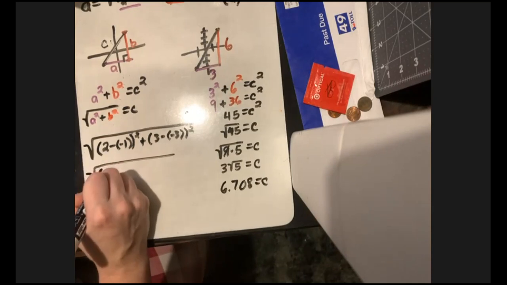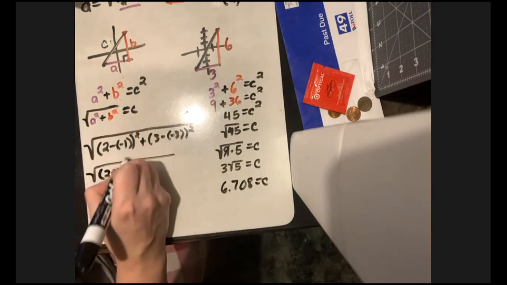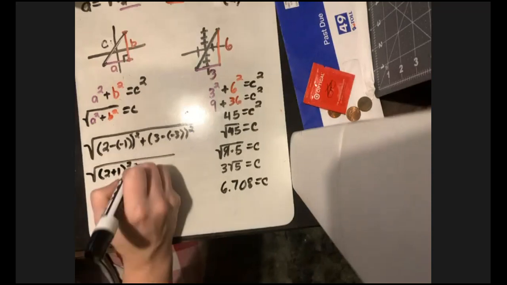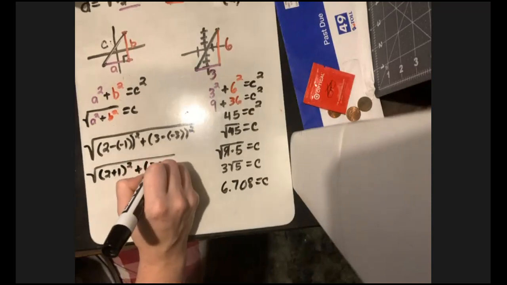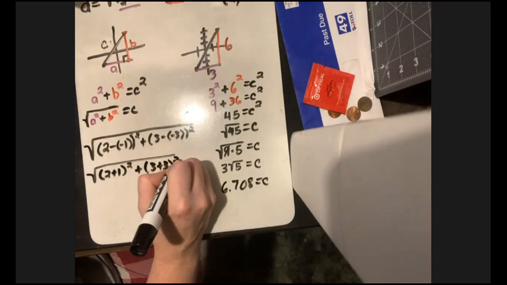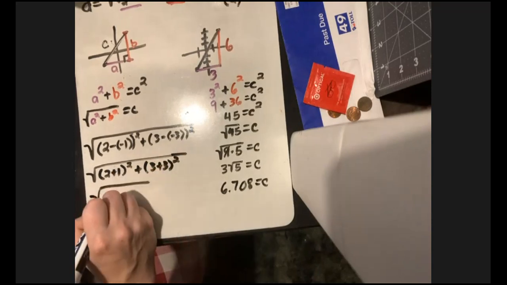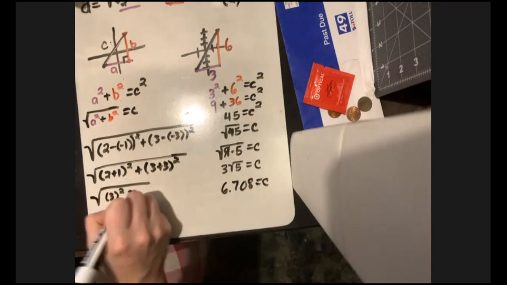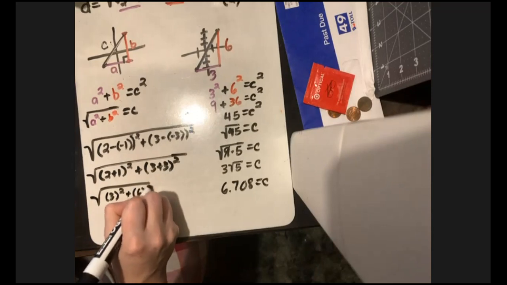This is going to be 2 plus 1 squared, plus 3 plus 3 squared. That's going to be 3 squared plus 6 squared.